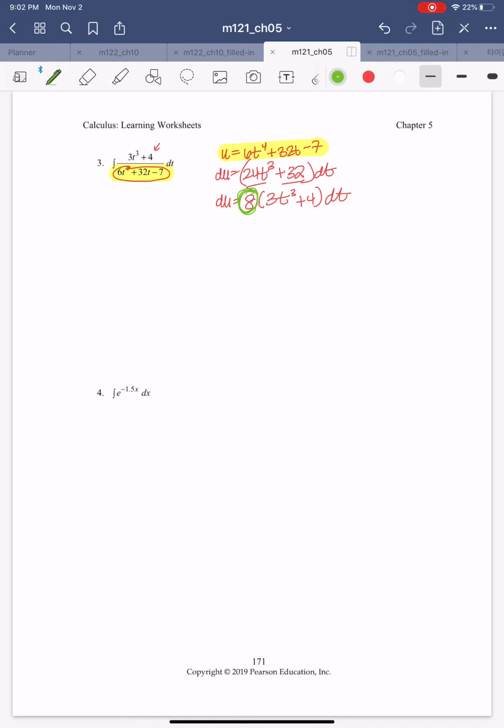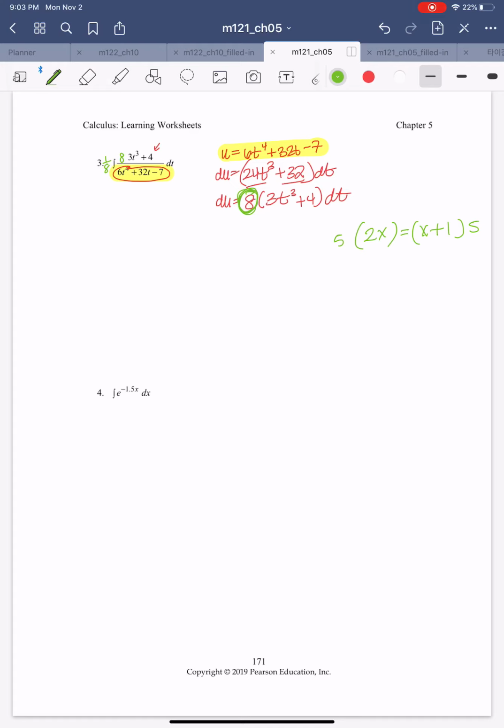So here's the strategy. If you have a missing 8, you can give an 8 and then also put 1/8. It's kind of like when you have a 2x and another x plus 1. I can multiply one side by 5 and then multiply the same one by 5 and I'm not changing anything. And that's kind of what I'm doing.